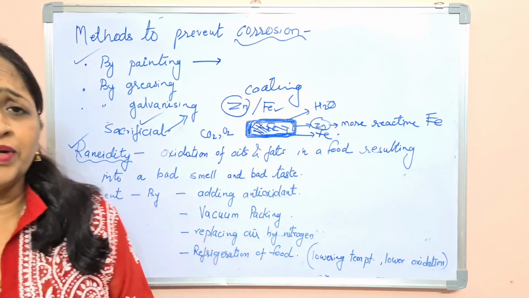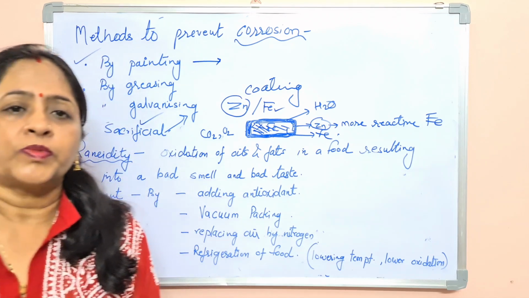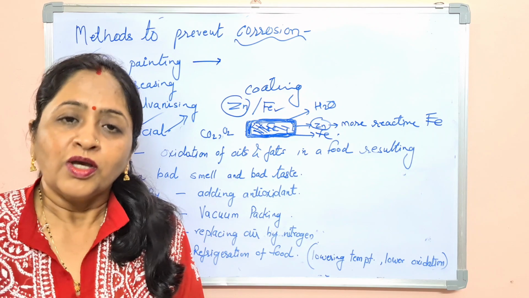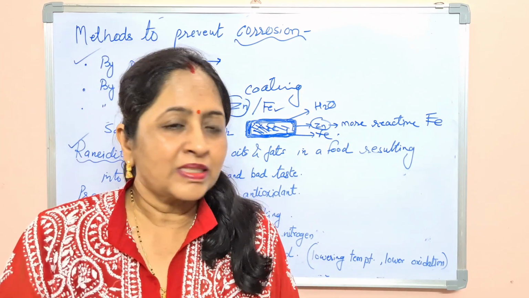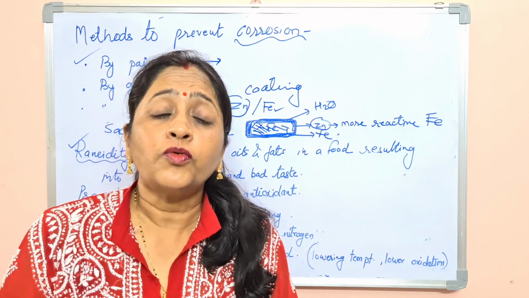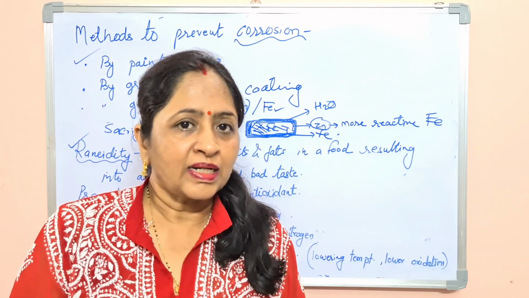It's day-to-day life only, the leftover food items. If you are not keeping them in the refrigerator, what happens? Your mother used to throw it away because a bad smell comes out and the taste is also very bad, and it's not good to consume it. It becomes poisonous in nature.